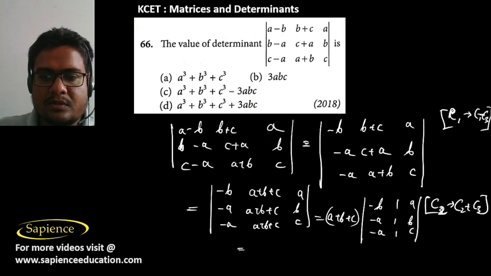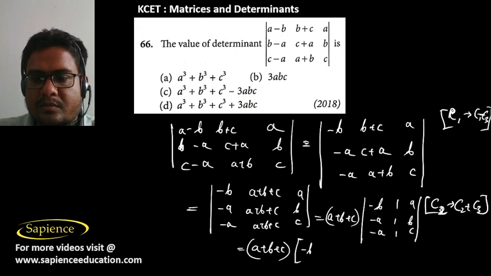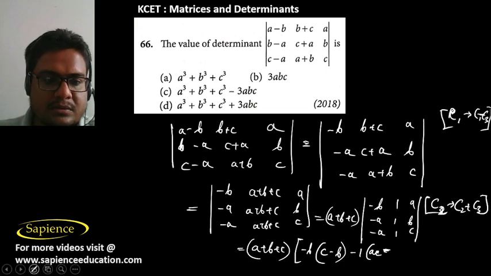Then here we have a plus b plus c. We expand this along the first row, we have minus b into c minus b, minus 1 into c minus b into 1 into minus ac.